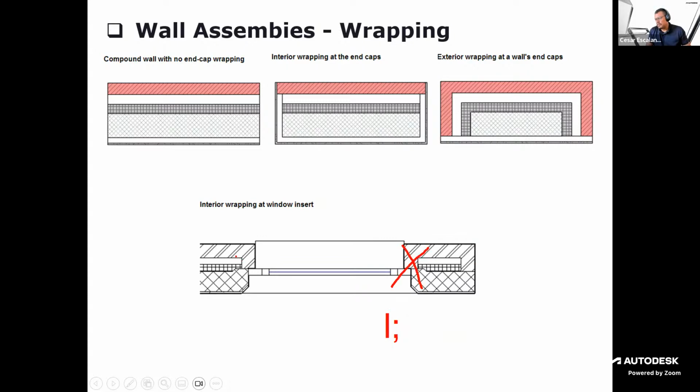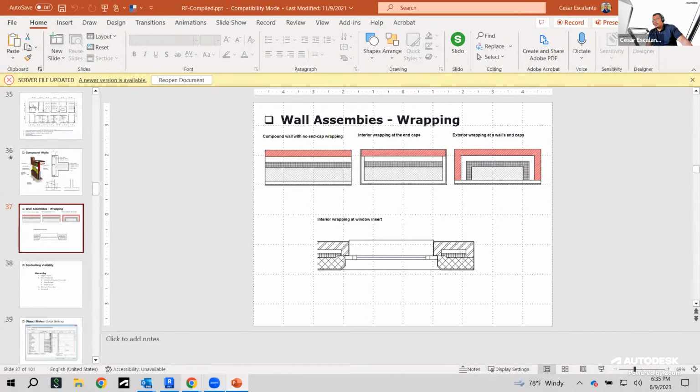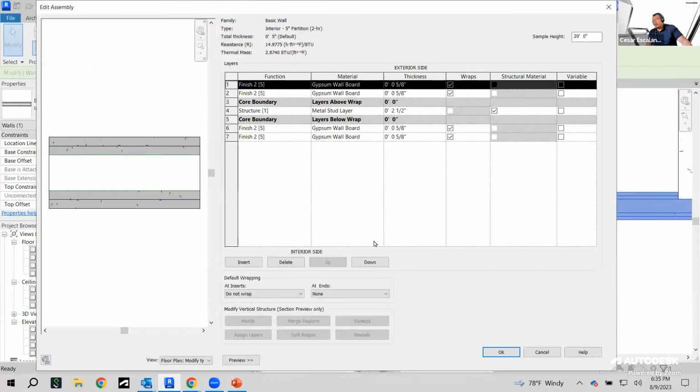You won't see these conditions if that is set to none. Now that behavior is only assigned to the layers that have the wrapping property enabled. So you enable this, and then these rules are applied to those layers. That makes sense? Let me know if you have any questions.